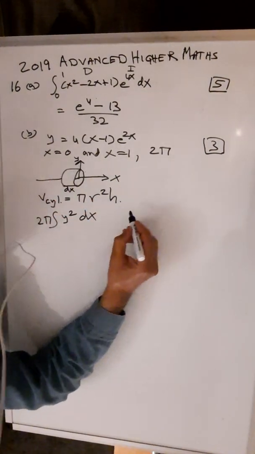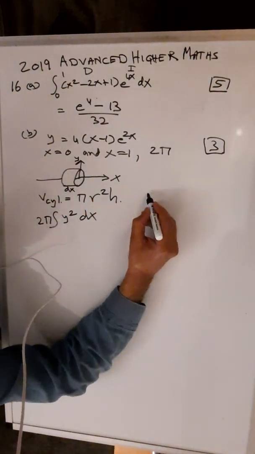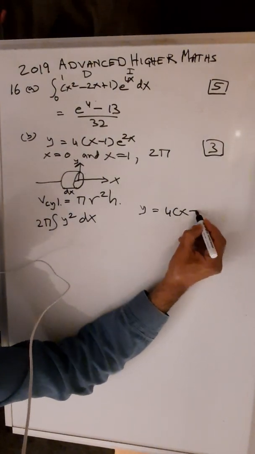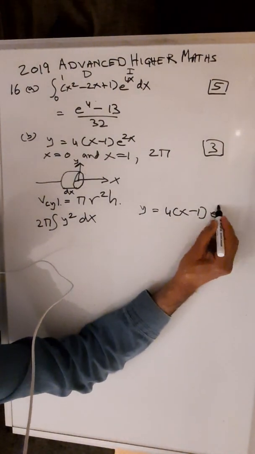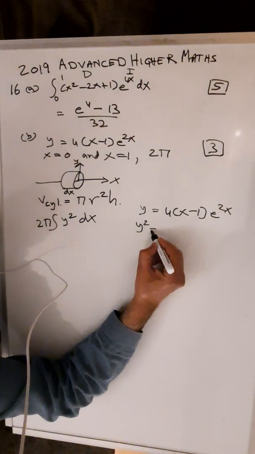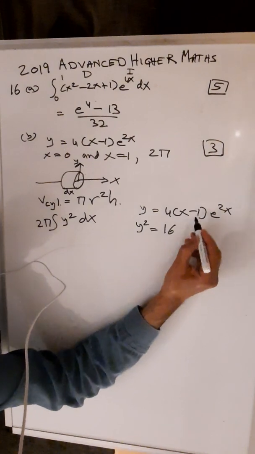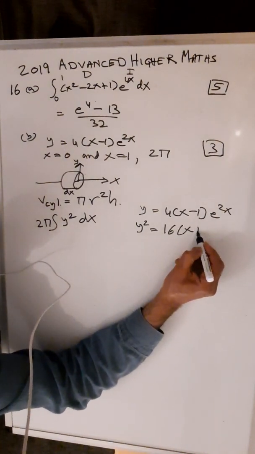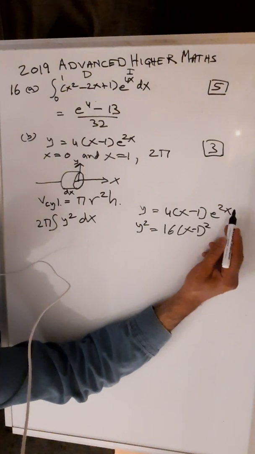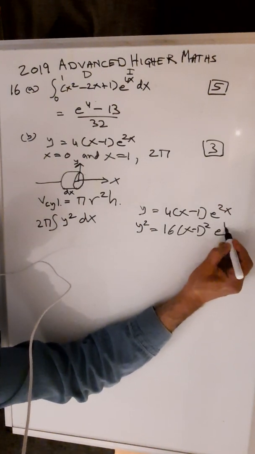There is your y there, so what would y squared be? So y itself is 4 times x minus 1, e to the 2x. y squared, you're just going to square everything there, so 4 squared gives you 16. This is x minus 1 all squared, e to the 2x raised to the power of 2, that just gives you e to the 4x.